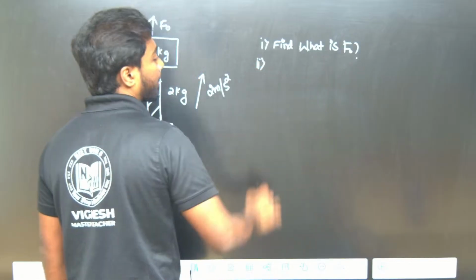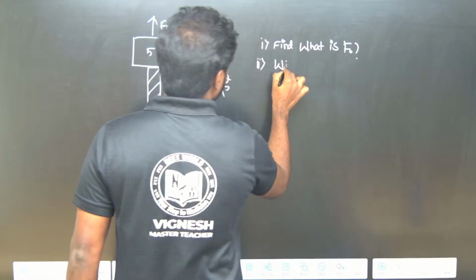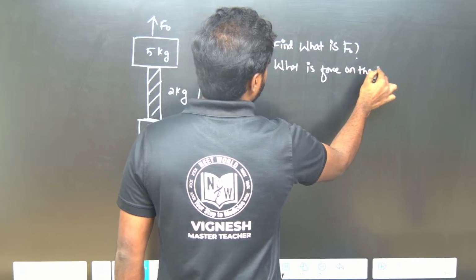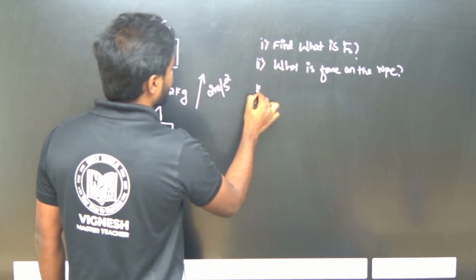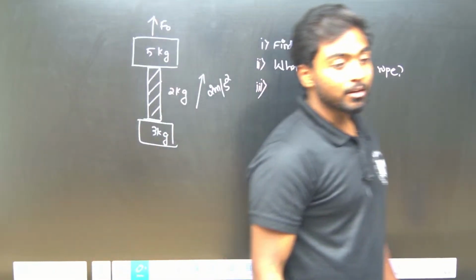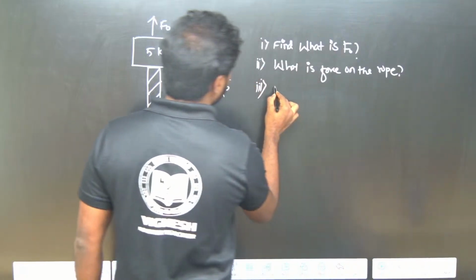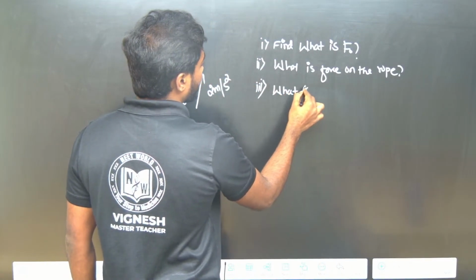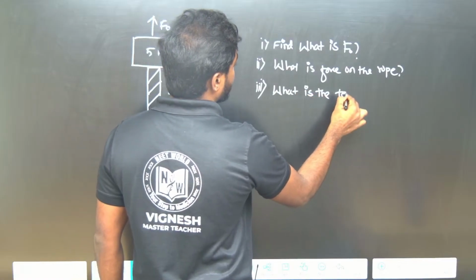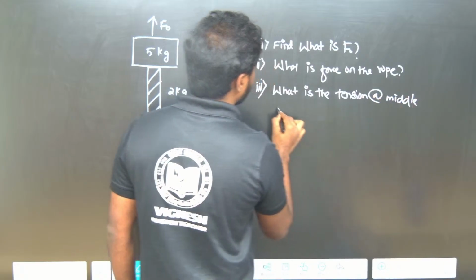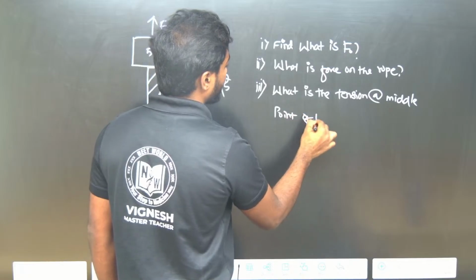The second question, let me read it. What is the force on the rope? The third question is, what is the tension at the middle point of the rope?